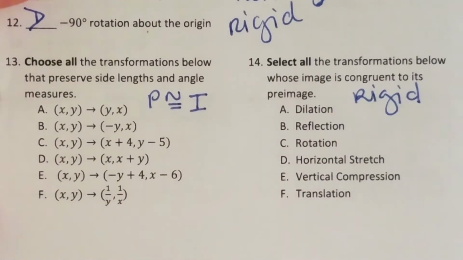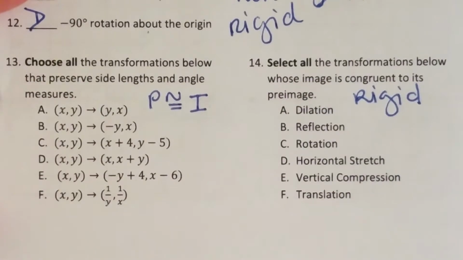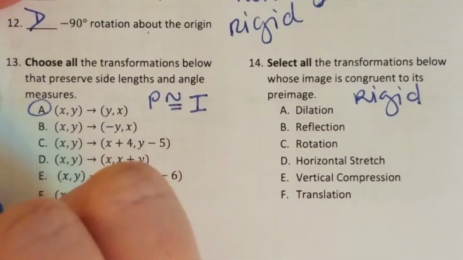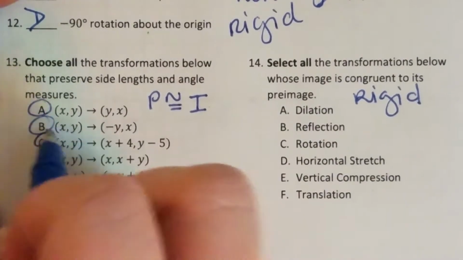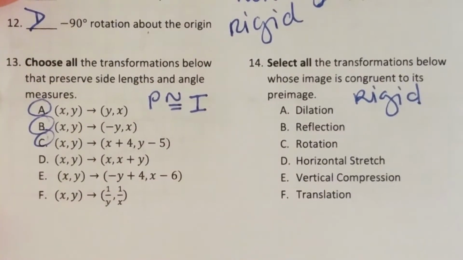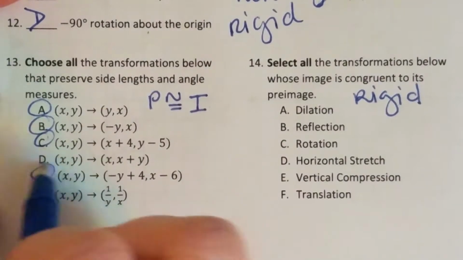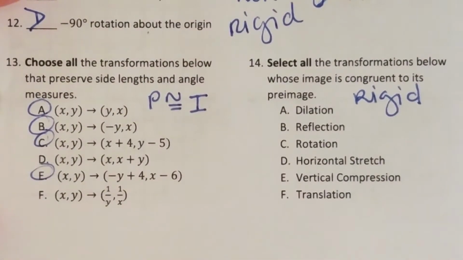So if we look at number 13, we can look at all the ones that we saw up above. We saw this rule above, that's a reflection over y equals x. This is a 90 degrees counterclockwise rotation. This is a translation. And even though you might not realize it, E is actually a combination of a rotation and a translation.